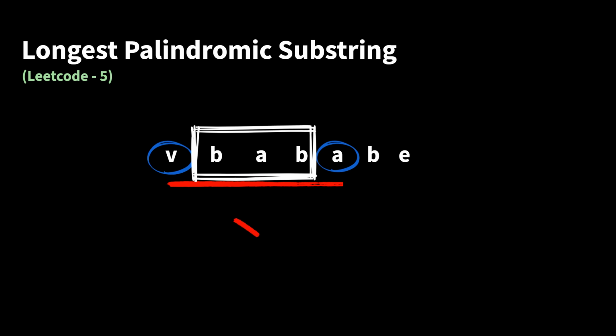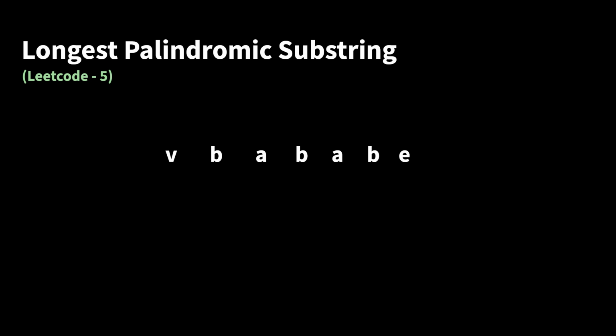Let's take the example of a substring of length 2, BA. Here we are simply checking if my first character and the last character are the same or not. This is the base scenario for even-length substrings.